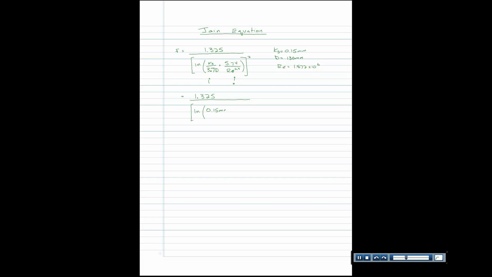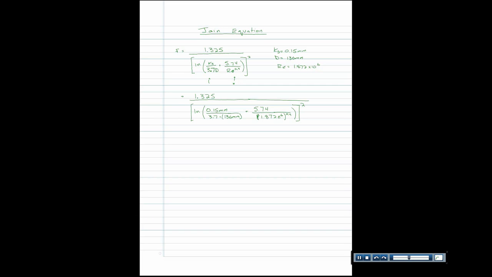0.15 millimeters divided by 3.7 times the diameter, plus 5.74 over the Reynolds number of 1.872 times 10 to the 6th to the 0.9 power, and then we square all of that.